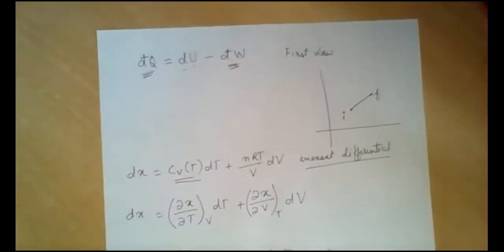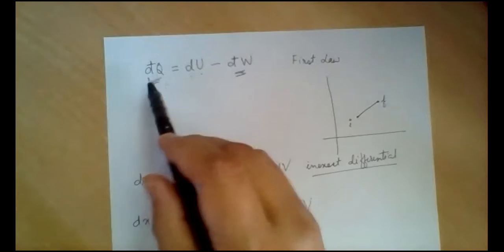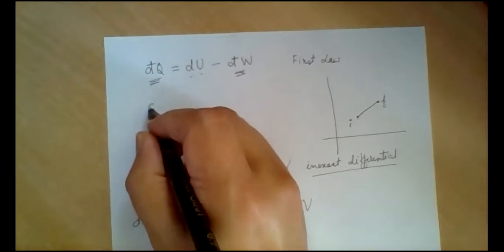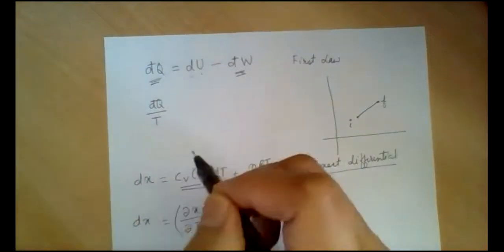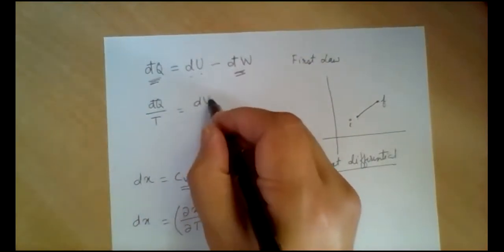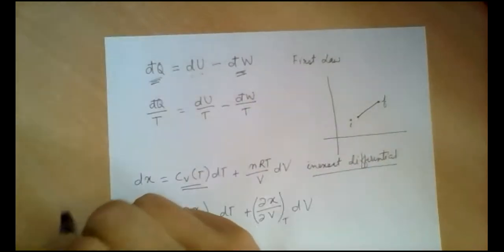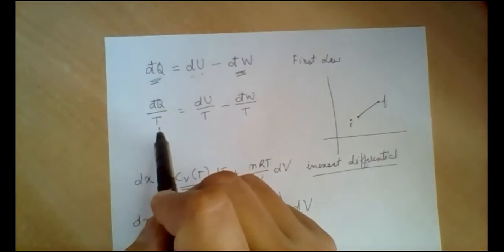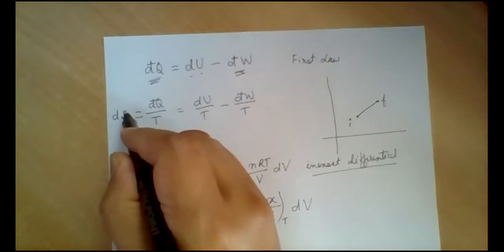So in thermodynamics, dq is an inexact differential. If we consider a reversible process, dq divided by temperature, that is dU by T plus d-bar w by T. The inexact differential, if I divide by T, is equal to the infinitesimal change in entropy.